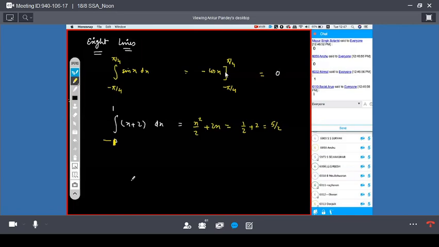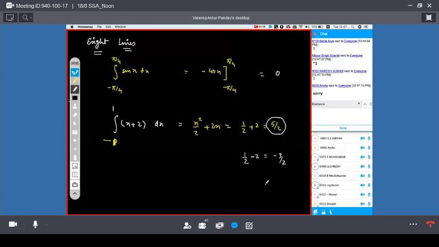At minus 1 we will have 1 by 2 minus 2, so minus 3 by 2. When we subtract, we actually add. Answer will be 4. Exactly. Got it?